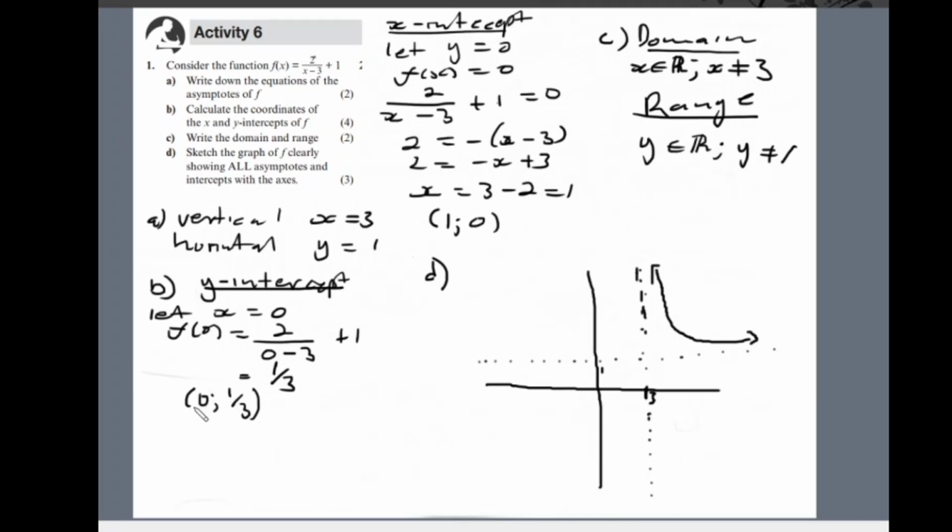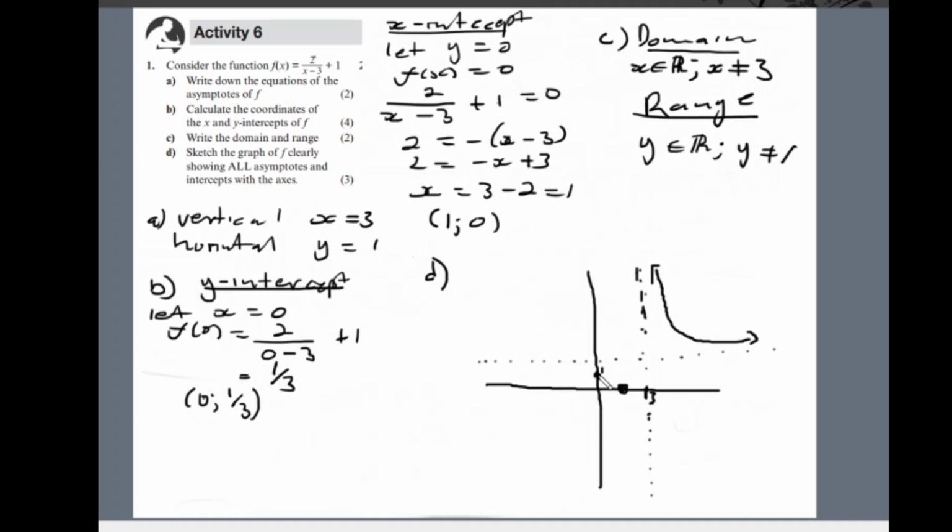Now my x-intercept is this point, x is 1, y is 0. Let's say that point is somewhere here, and then my y-intercept is the point (0, 1/3), that is somewhere here.